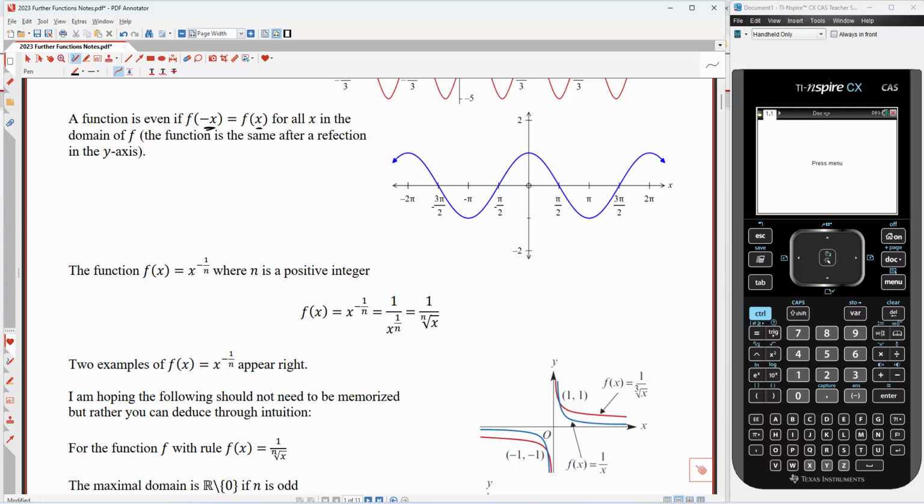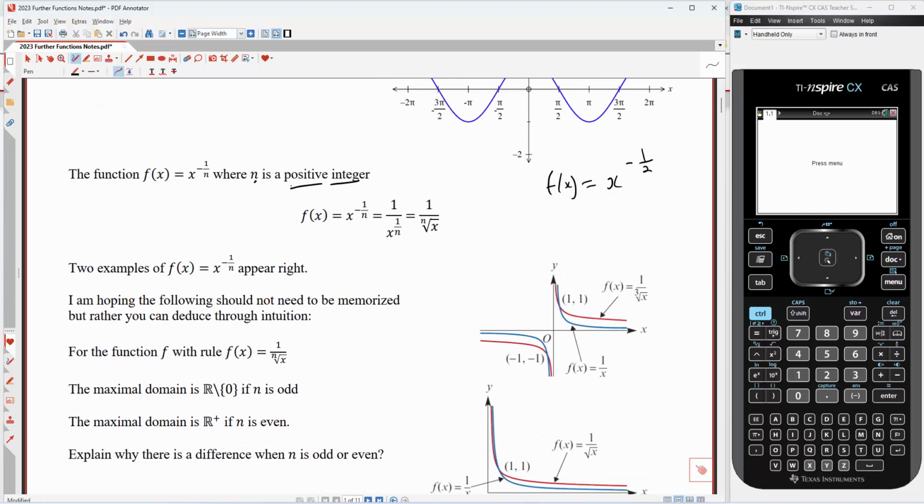So if we've got x to the power of negative 1 over n, where n is a positive integer, it could be things like f of x equals x to the negative 1 over 2, for argument's sake. What I've drawn here is a couple of different versions of this.